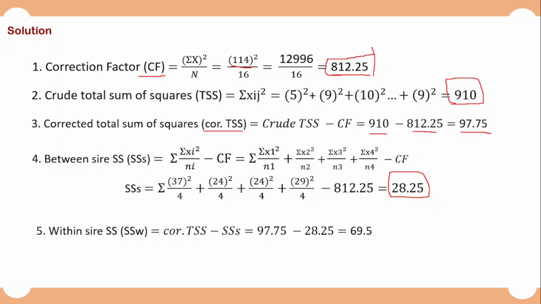We have the corrected total sum of squares 97.75, and the sum of squares between sires is 28.25. So after subtraction, the within sires sum of squares is 969.5. Okay, and now we will put all of these things in the table and calculate the mean sum of squares.